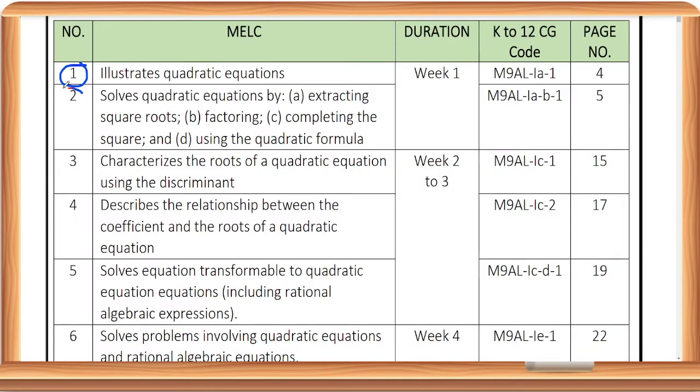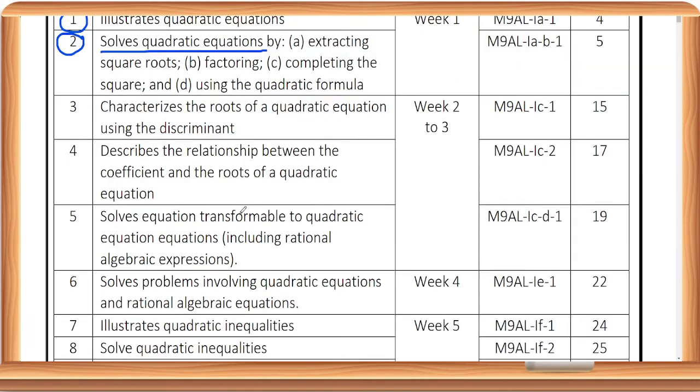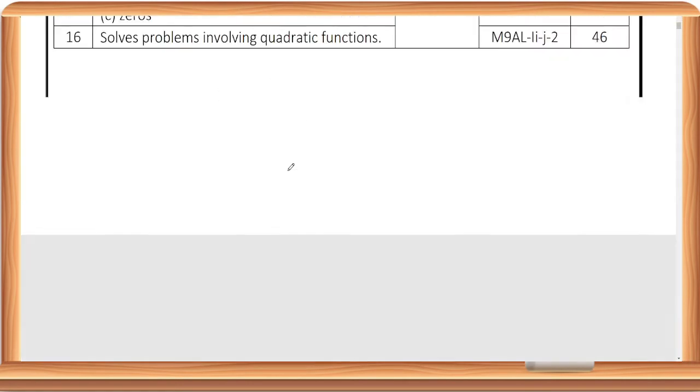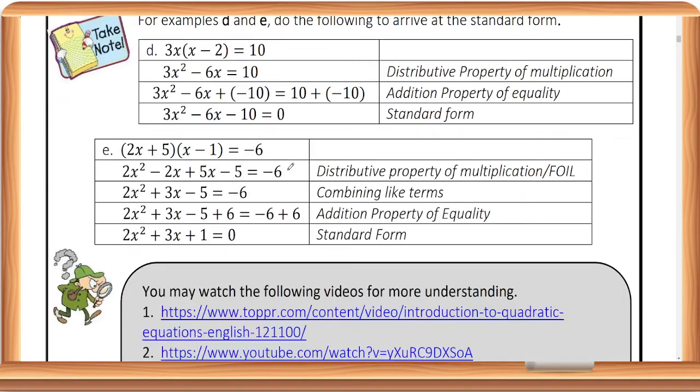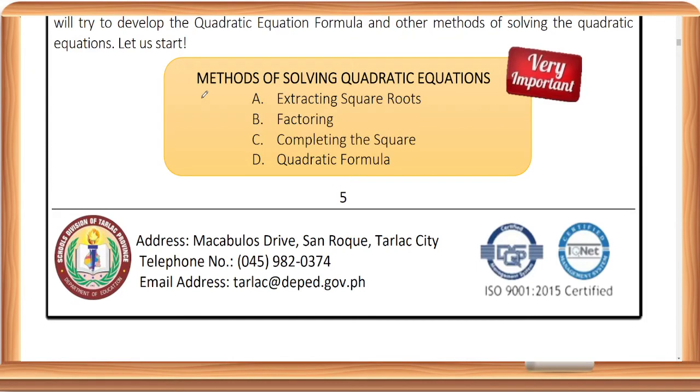Ngayon, eto na tayo ngayon. We have to solve quadratic equations by, okay, so meron siyang 4 dito. Here are the methods of solving quadratic equations. So the first one is extracting the square roots, and then the second one is factoring and completing the square, and lastly using the quadratic formula.